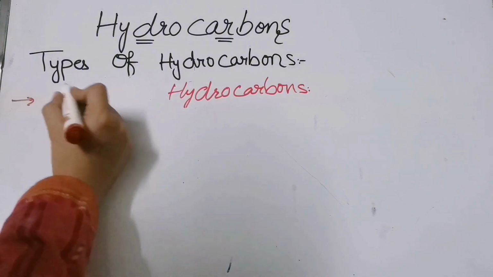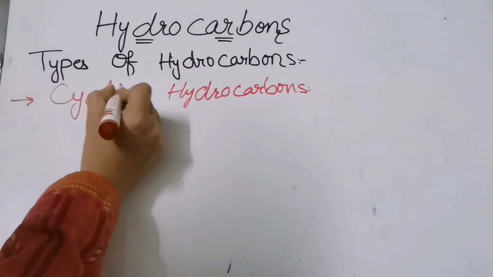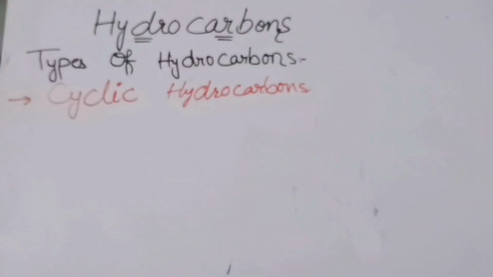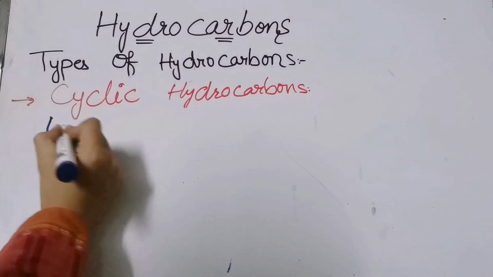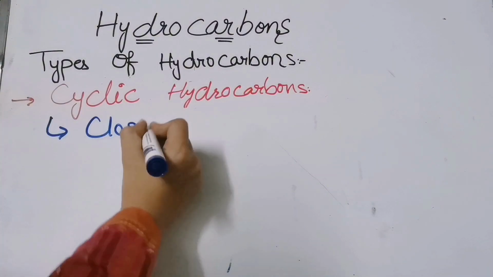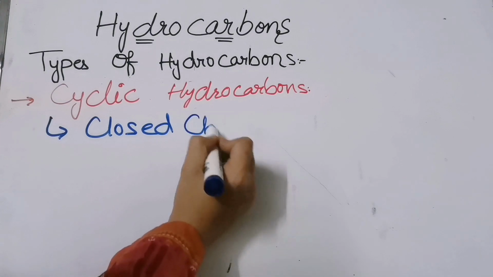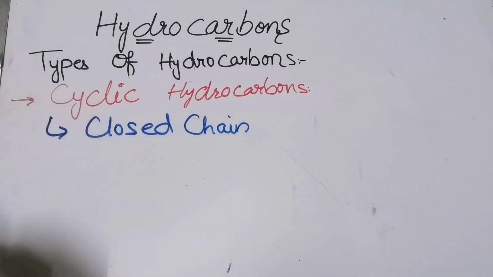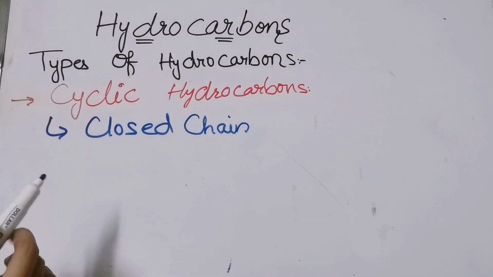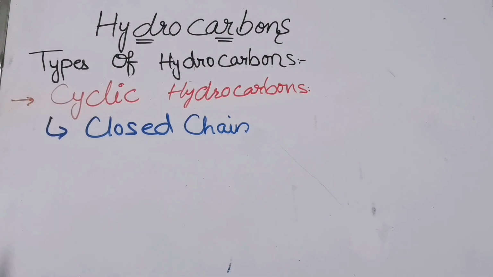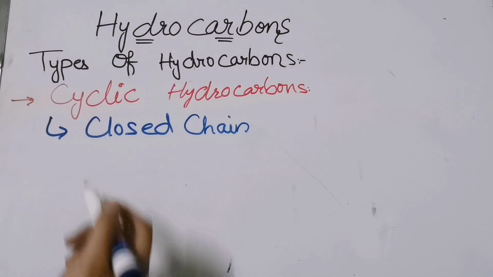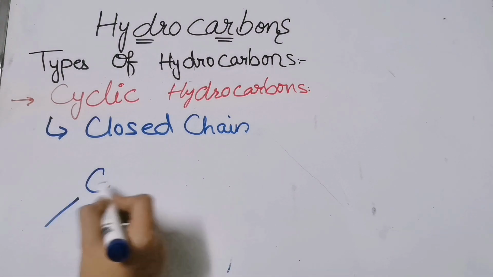Let us study these cyclic hydrocarbons. We also call them closed chain hydrocarbons. The aliphatic were the open chain hydrocarbons and these are the closed chain hydrocarbons. I have already told you the examples of this case. Let me again tell you one example.